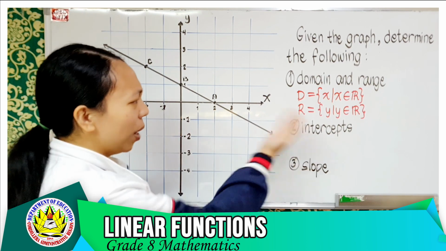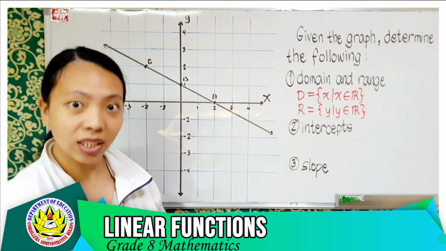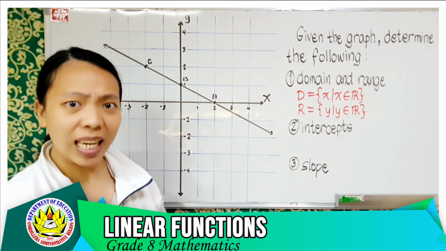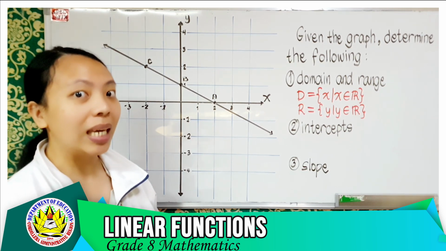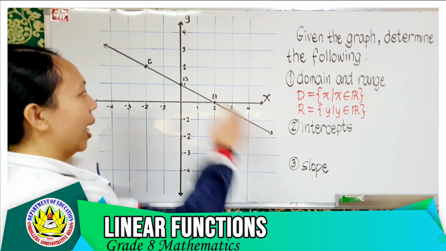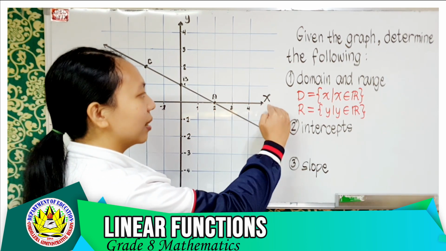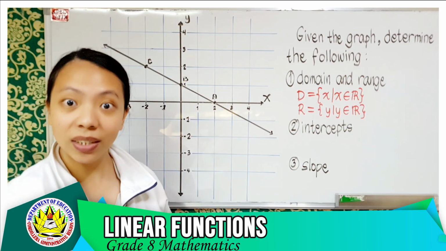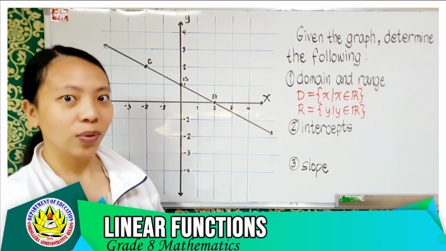Next, what about its intercepts? Take note that the intercept of a graph is a point along the x and the y-axis that the graph passes through.